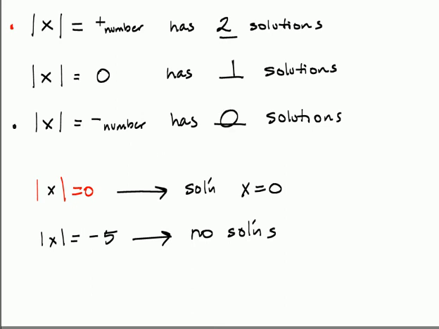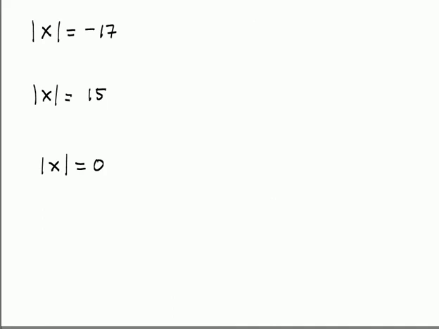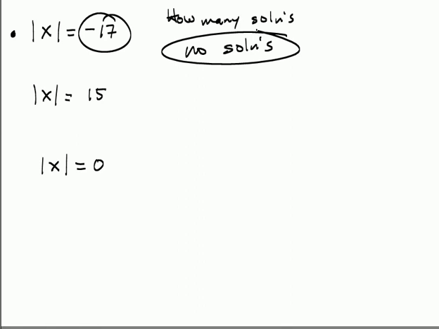Okay, real quickly, let's see what we can do here. What's your answer here? In the first problem, how many solutions are there? Well, it is absolute value equals a negative number. Thank you, teacher. No solutions, and that's all we have to say because there aren't any to list. Next one, absolute value is equal to 15.